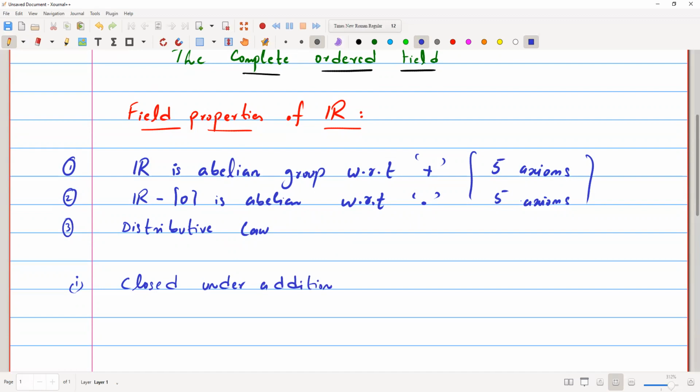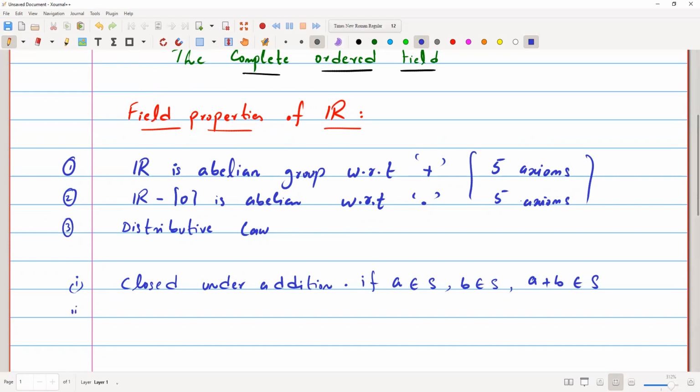It means that if two elements A and B belong to the set, then A plus B, that is their sum, also belongs to the set. So this means that the set or the structure is closed under addition.